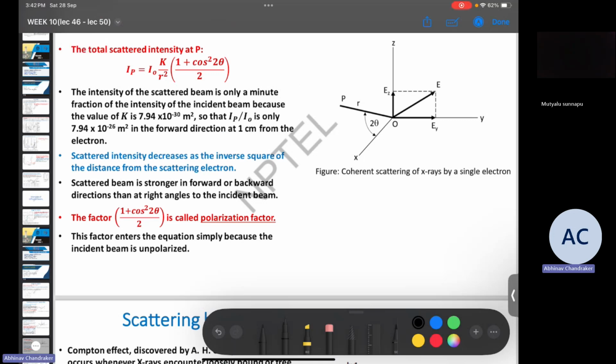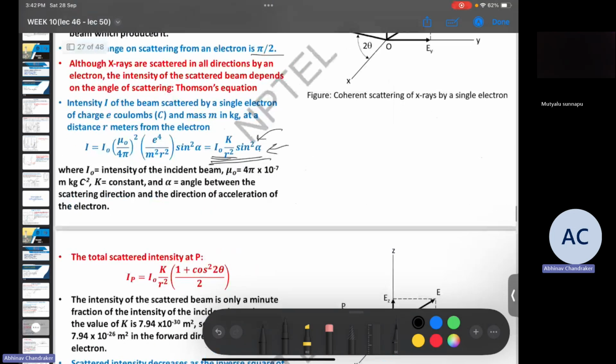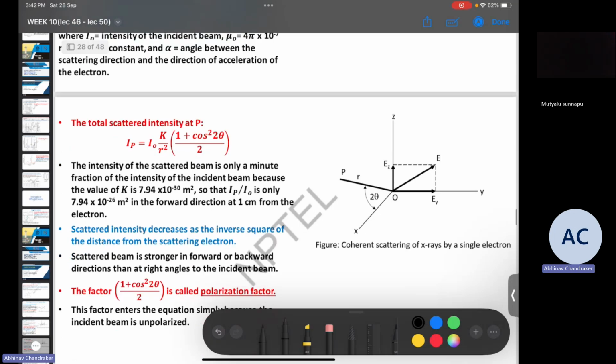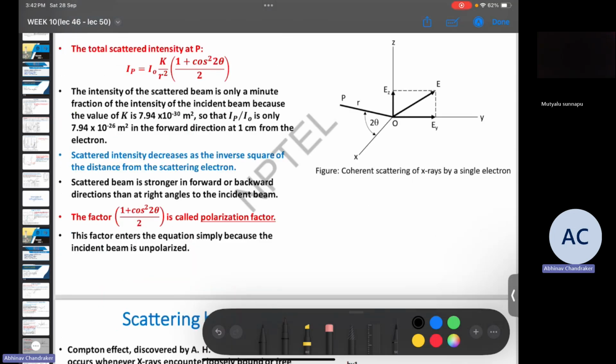So we know that the intensity of the beam that has scattered will be dependent on the angle at which it was scattered. So we can say that there will be an effect of the angle on the intensity of the scattered beam, and this effect is quantified by the polarization factor, which is given by 1 plus cos square 2 theta by 2.